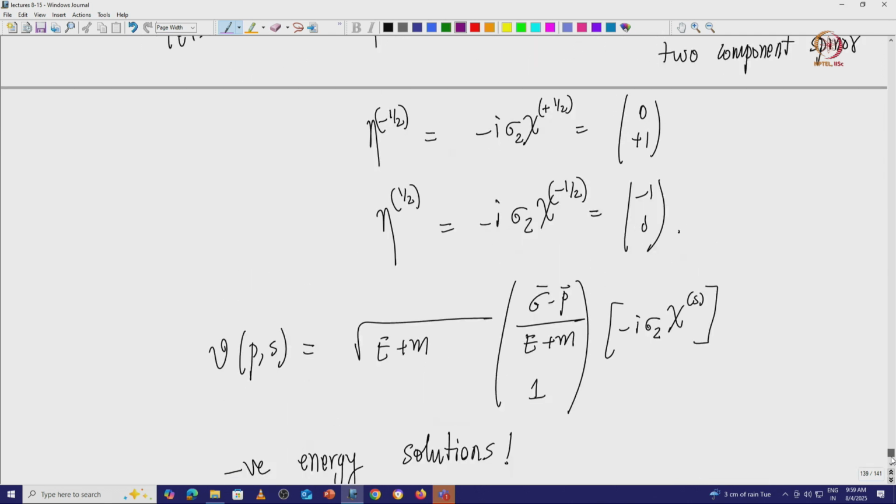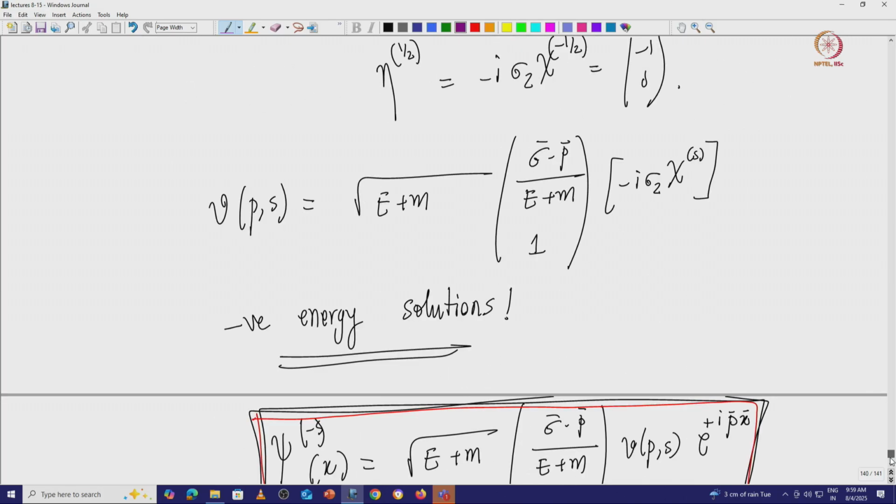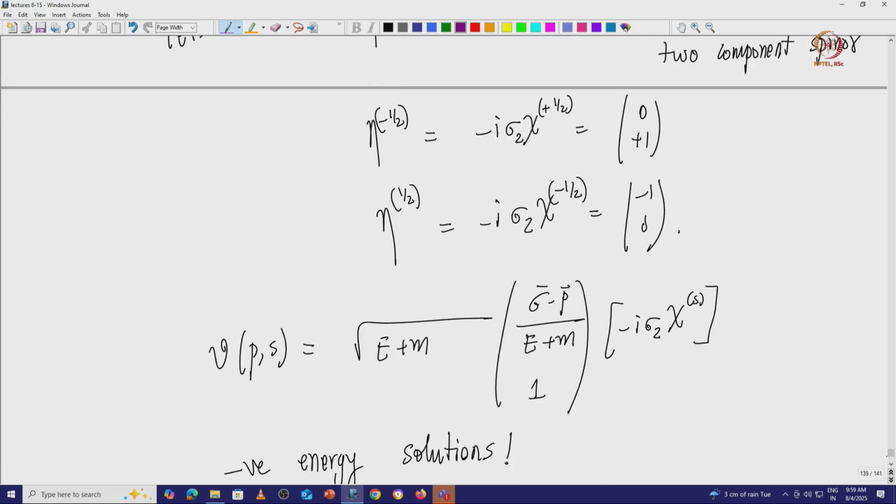Similarly, you can write down the negative energy solutions in this particular fashion. Remember that the spin part is a 2 component spinor, multiplied on the upper 2 by 2 part of this column, and the other part is a column written as 1, which multiplies i sigma two chi of s.